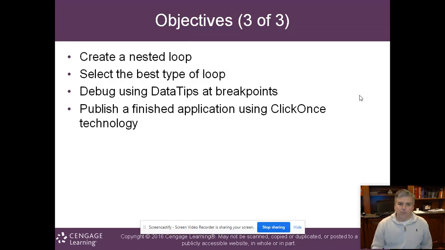Maybe the most important thing that we'll introduce in this chapter is debugging and breakpoints. What that is going to allow you to do is put what's called a breakpoint inside your code, and then when you run your code, the code will stop at that breakpoint and allow you to step through your code line by line and analyze variables and what's in those variables.